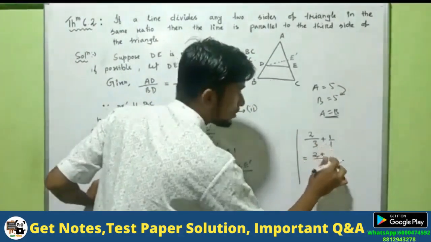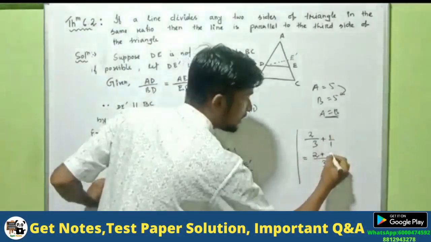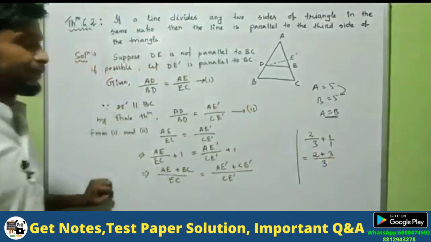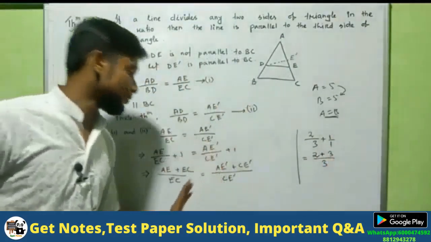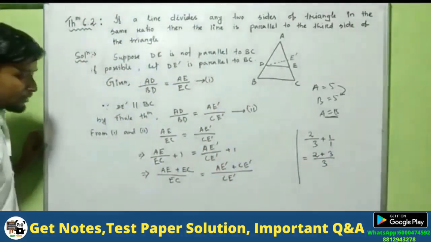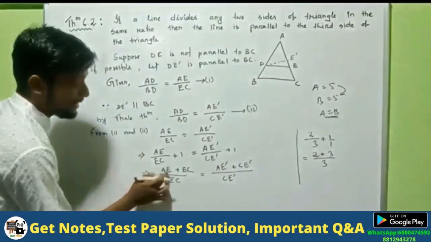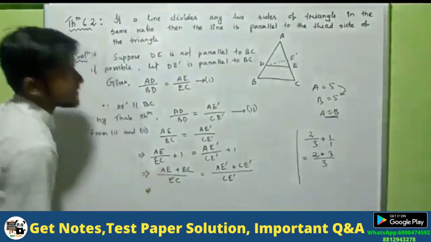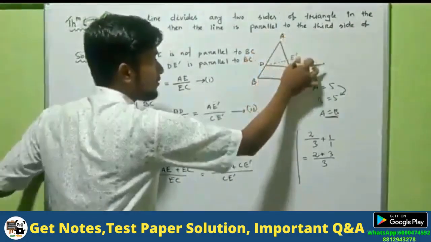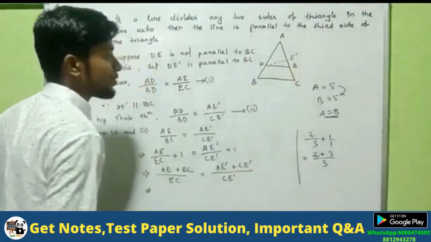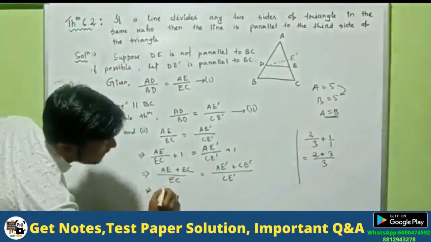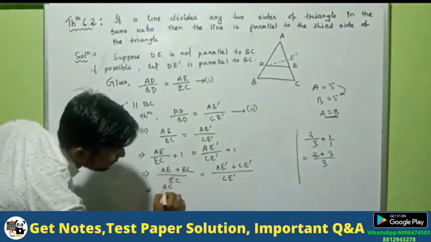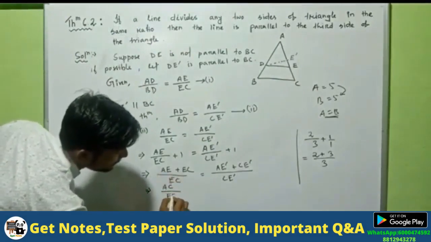And here 1 3s are 3, 3 1s are 3, right? So normal addition we are doing here. Okay, so it is AE plus EC divided by EC. AE plus EC. So we can write AE plus EC equals to what we get if we add AE and EC, we will get AC, right? AC.